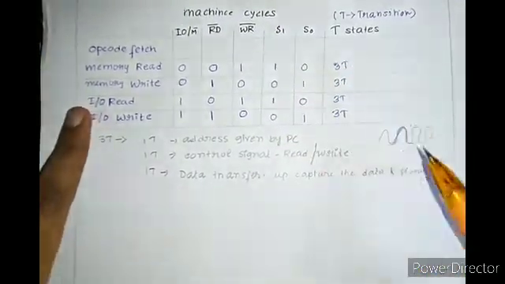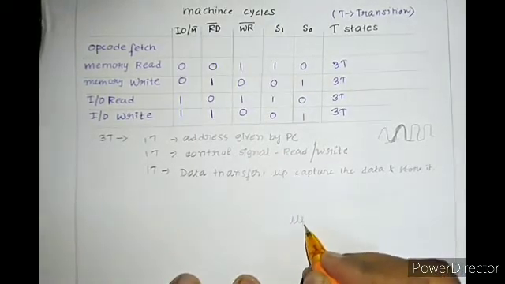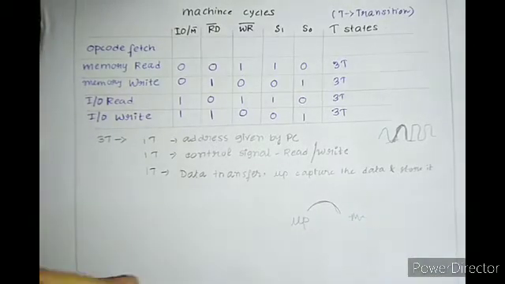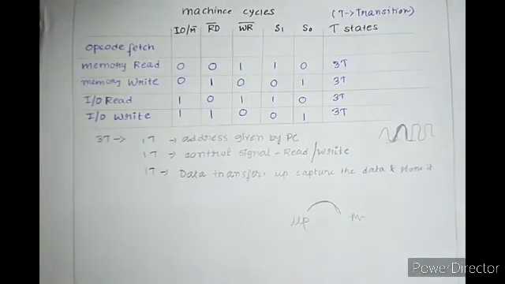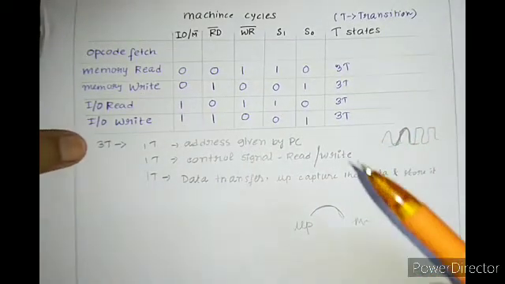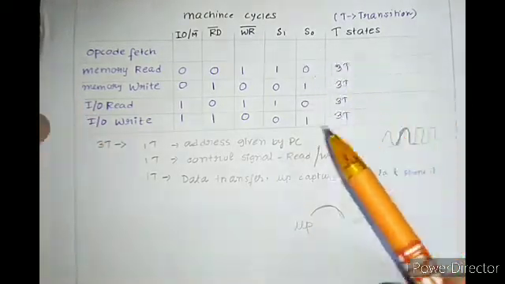Now S1 and S0, though they are not pronounced as S input and S output, for our convenience we name them so. When it's a memory read, the MUP is reading something, meaning something is coming in. It's an input operation. This is why S1 is true. Obviously, if S1 is 1, then S0 or S output is 0.